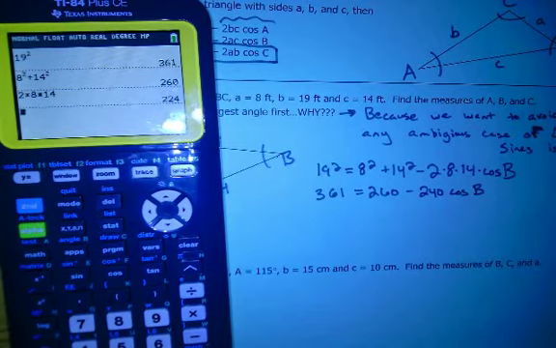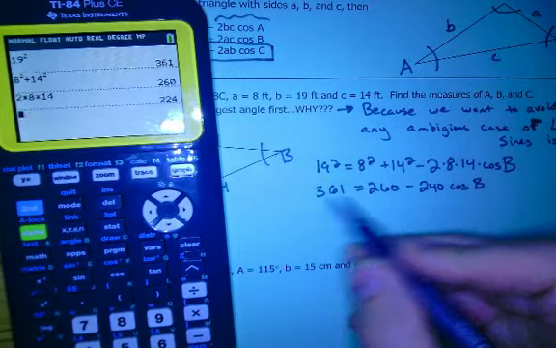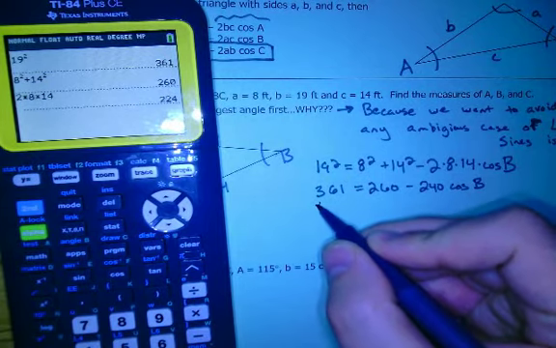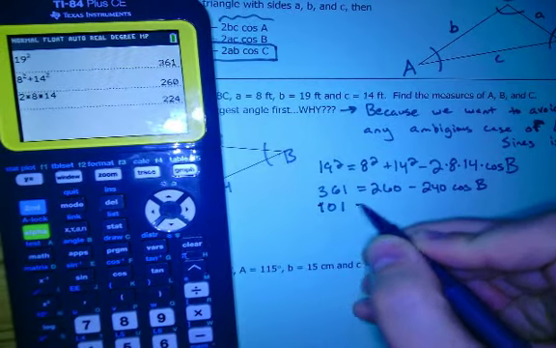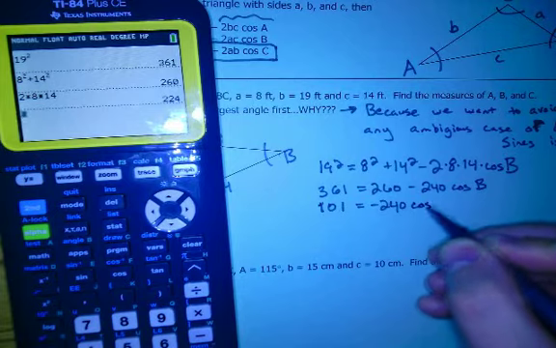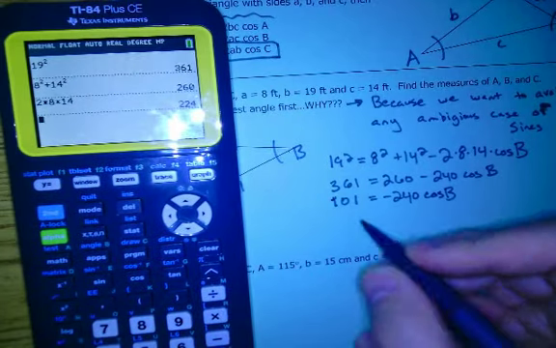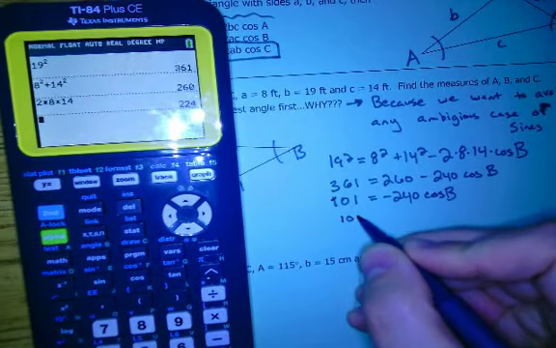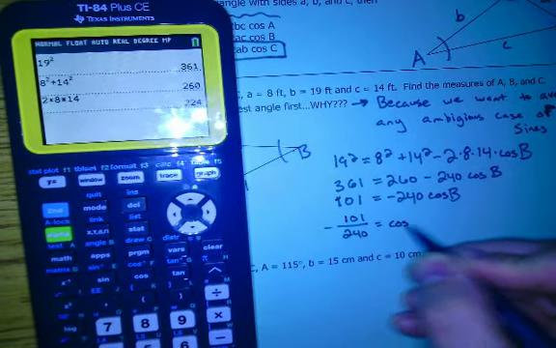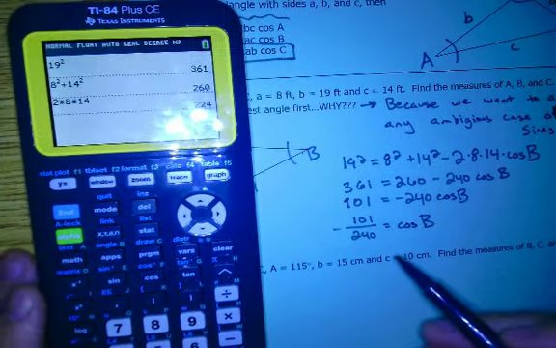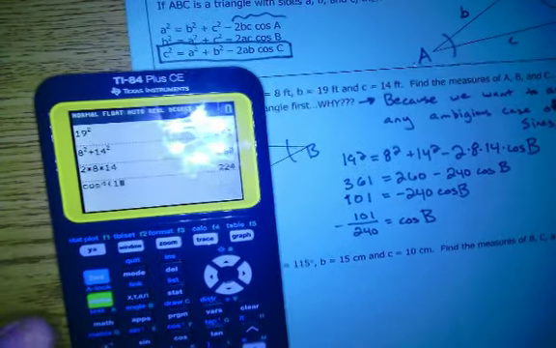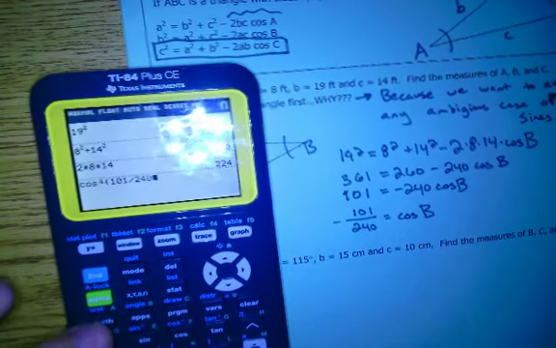From there, just go ahead and subtract this over. We're going to get 101 equals negative 240 cosine B. Divide that 240 over, so we're going to get 101 over negative 240 equals cosine B. And we're just going to do inverse cosine in our calculator here, inverse cosine of 101 divided by 240.